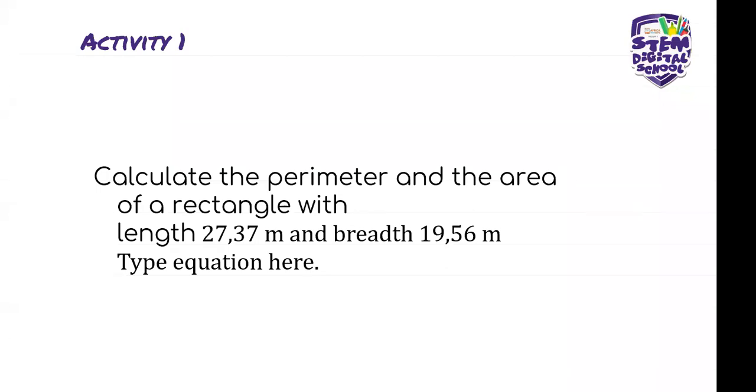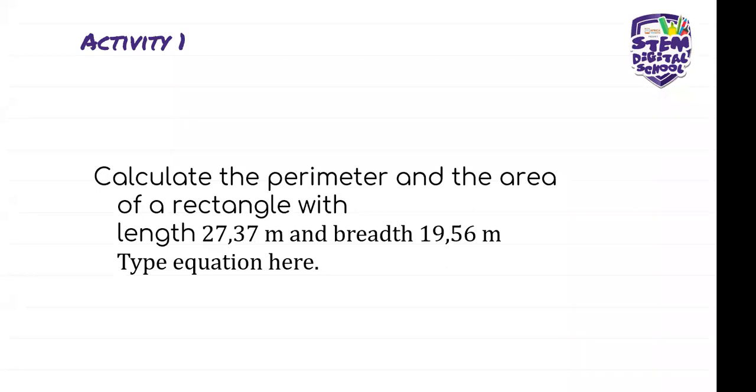For the rectangle, let's say it's 2 into L plus B. Remember, for the square, it's 4S for sides. You just add all the 4 sides. But even in a rectangle, you still add all the 4 sides, except that the 2 corresponding sides are not equal to the other corresponding sides. One is the length, and then the pair of length. The other one is the breadth, and there are 2 of those.